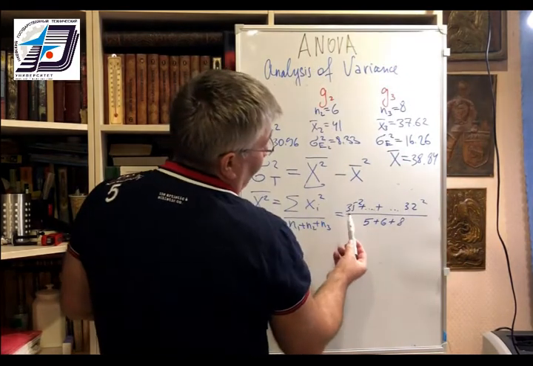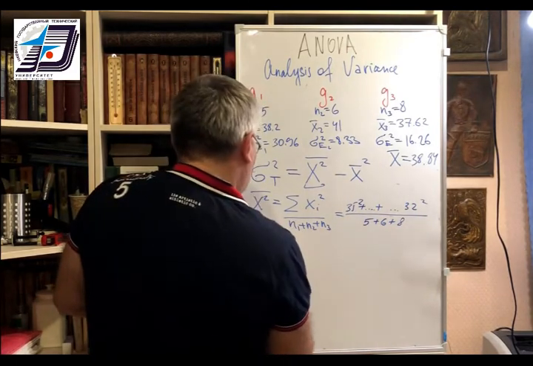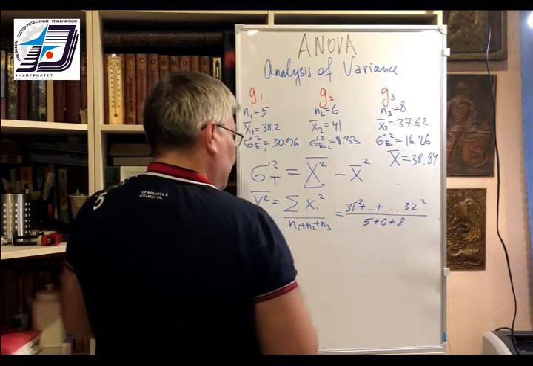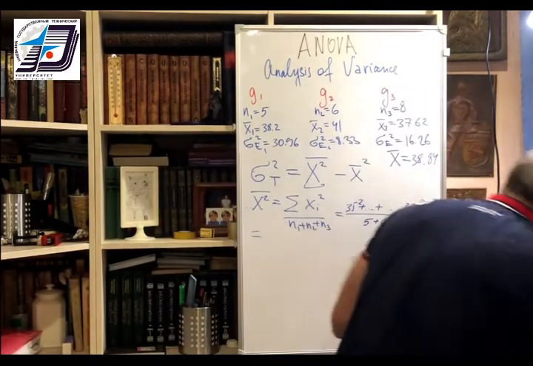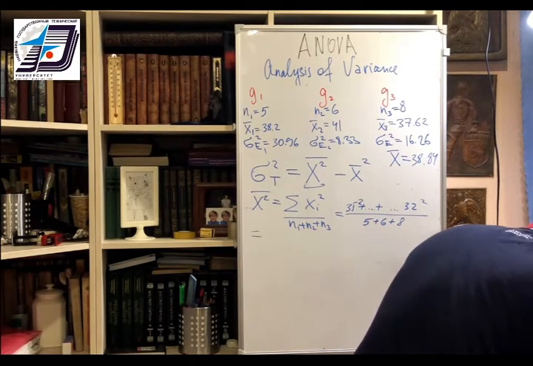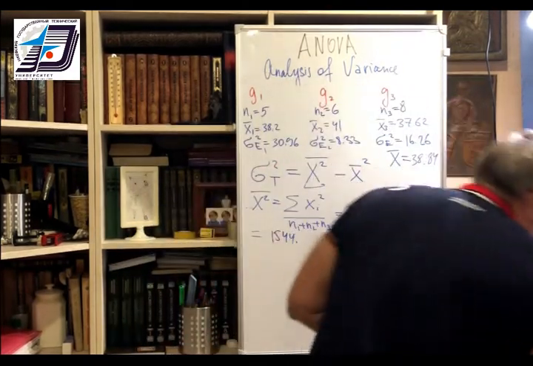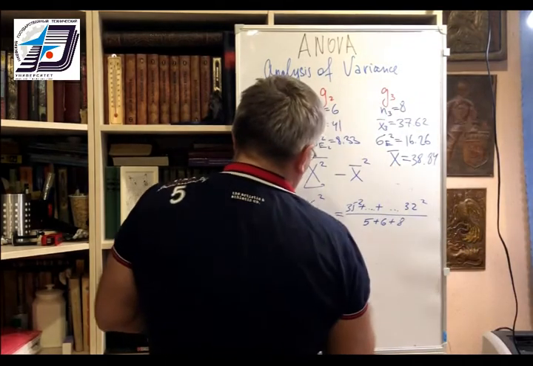So we have here 19 terms, and this value is 1544.316.